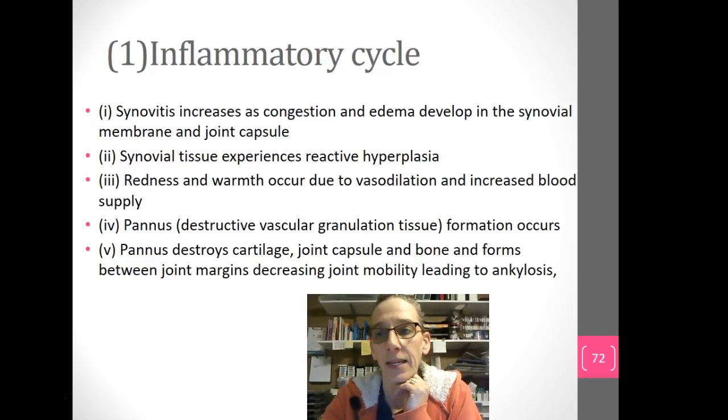The pannus is destructive vascular granulation tissue formation. The pannus destroys the cartilage, the joint capsule, and bone, and forms between the joint margins, decreasing joint mobility and leading to ankylosis. So if you remember ankylosis, that's immobility of a joint. So the disease will progress further, causing further inflammation and structural changes.